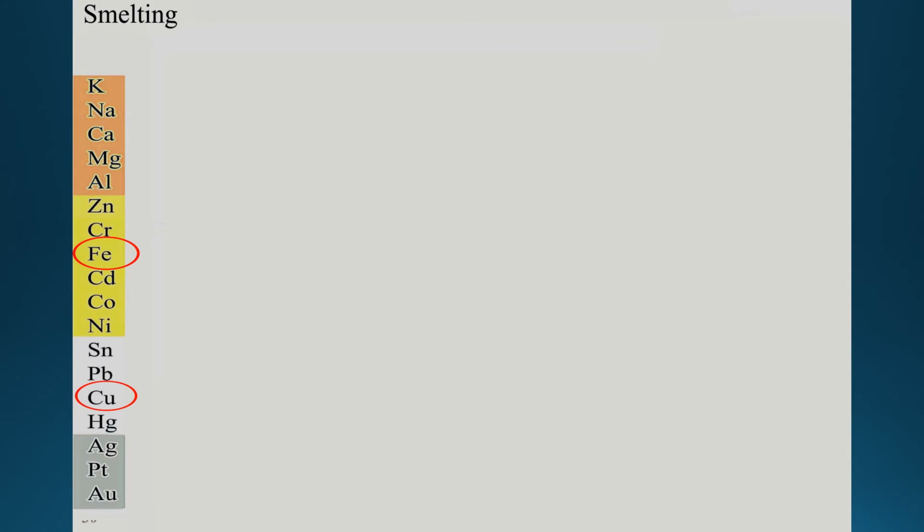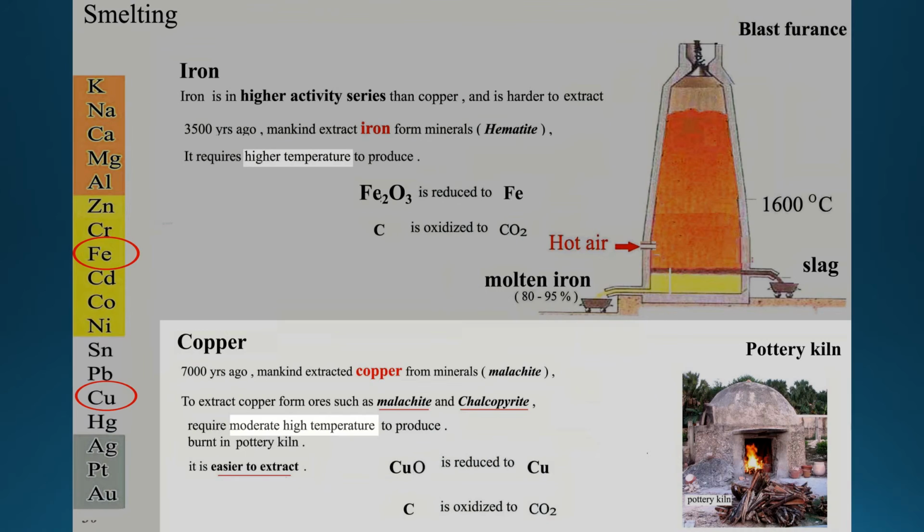You will expect copper to be easier to extract. 7,000 years ago, mankind extracted copper from the mineral malachite. Because they only require moderately high temperature, you can burn it in a pottery kiln to achieve that temperature, about 800 degrees to 1,000 degrees. You'll be able to extract out copper.